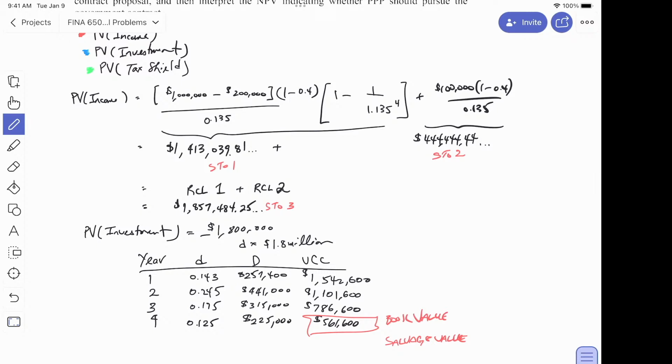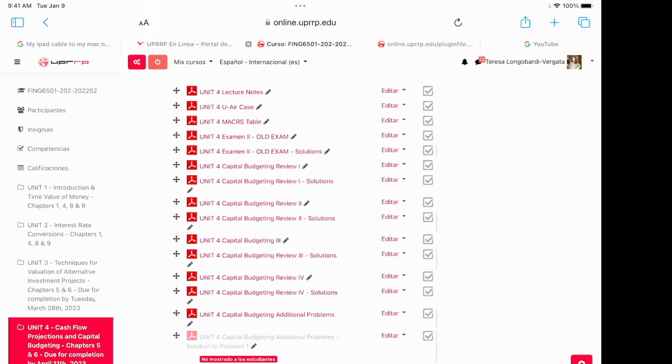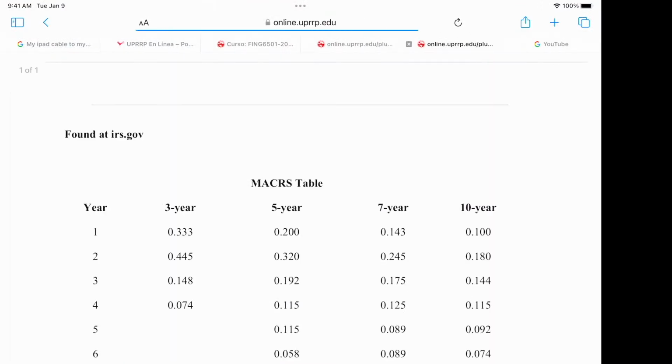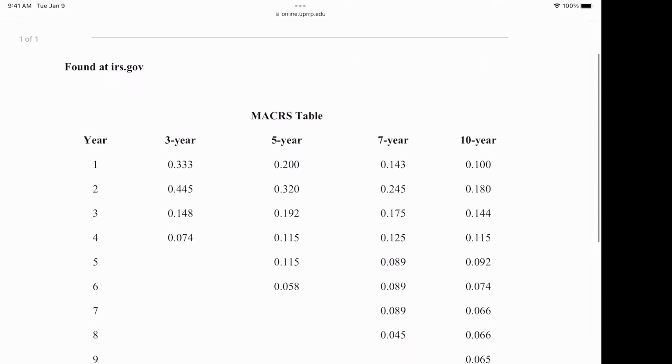I only did the first row, and then when I was on the second one, I saw it was a different number. Okay. Yeah, in the maker's table, I'm using the 7-year. Check on the video, or check the maker's table in Moodle. So it's 24.5.